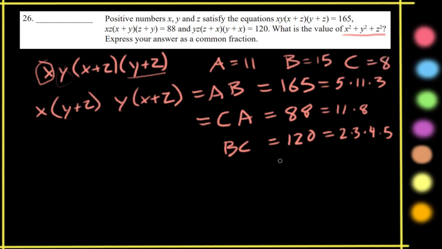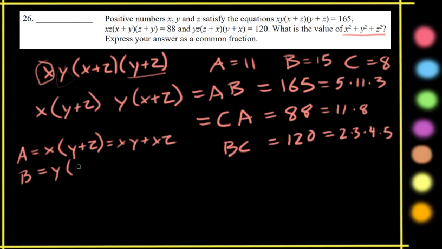All right, great. So another thing we could do is add A, B, and C all together. And what happens if we do that? A is equal to x times y plus z, which is equal to xy plus xz. B is equal to y times x plus z, which is equal to xy plus yz.